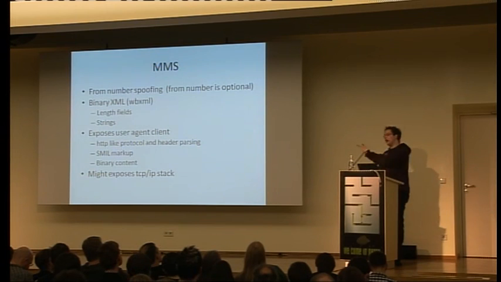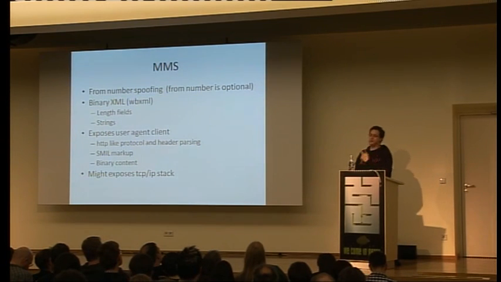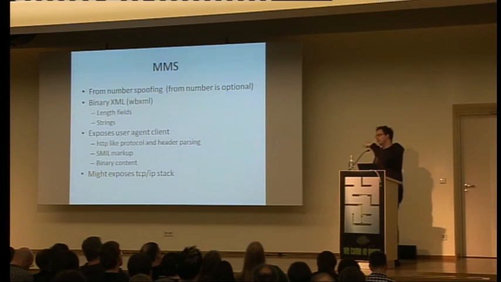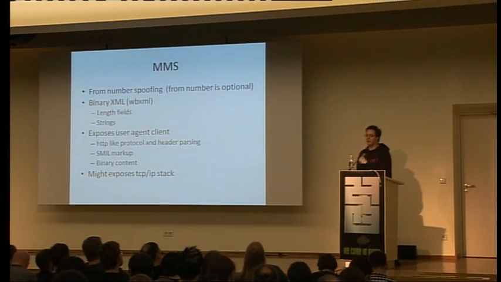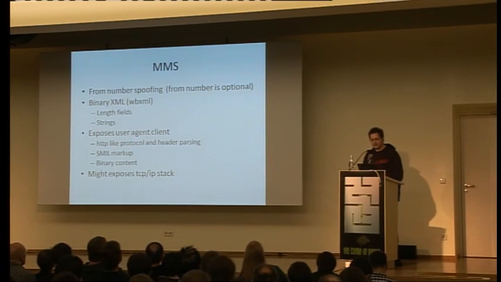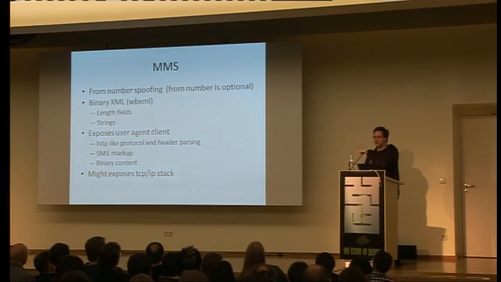Also, because it has to go out, it may expose the TCP/IP stack. That depends on your provider, because some of them will use proxies, and if they use proxies, it won't. But some of them may very well say, why don't you just use your own TCP/IP stack and go fetch this stuff. So it may or may not expose the TCP/IP stack depending on settings and telco provider.